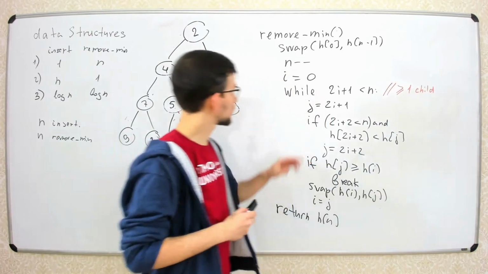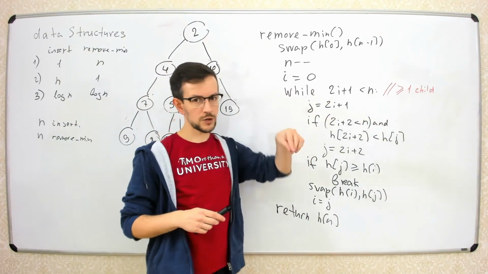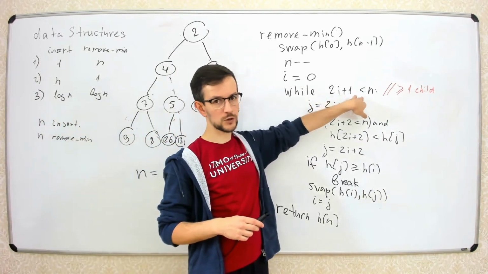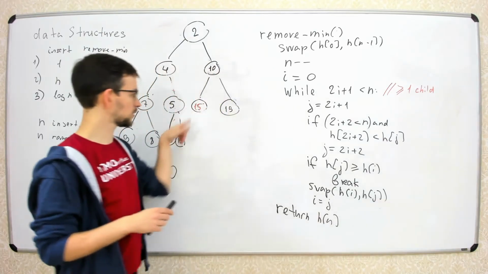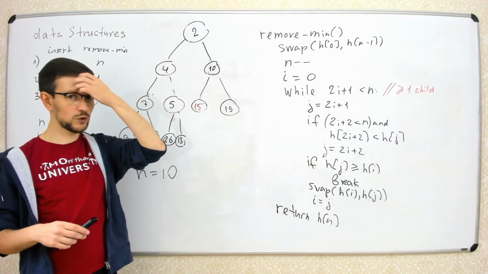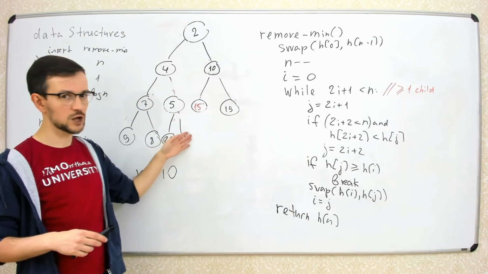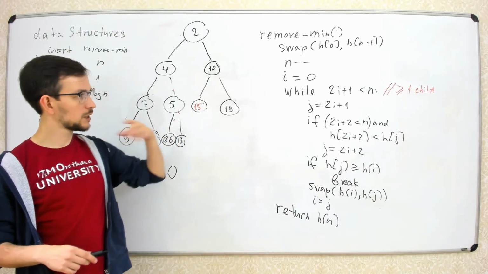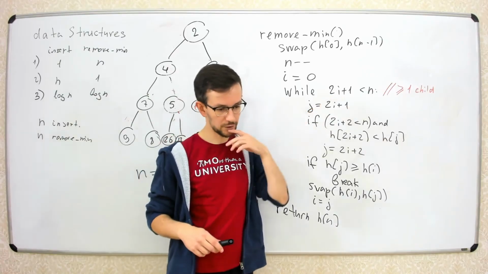While, because we need to make this while only until we reach the bottom layer. So if 2i plus 1 is greater or equal to n, it means the left child is outside of the tree. So we don't have the left child. If we don't have the left child, we don't have the right child, because the right child has a bigger index. So it means we have at least one child here.